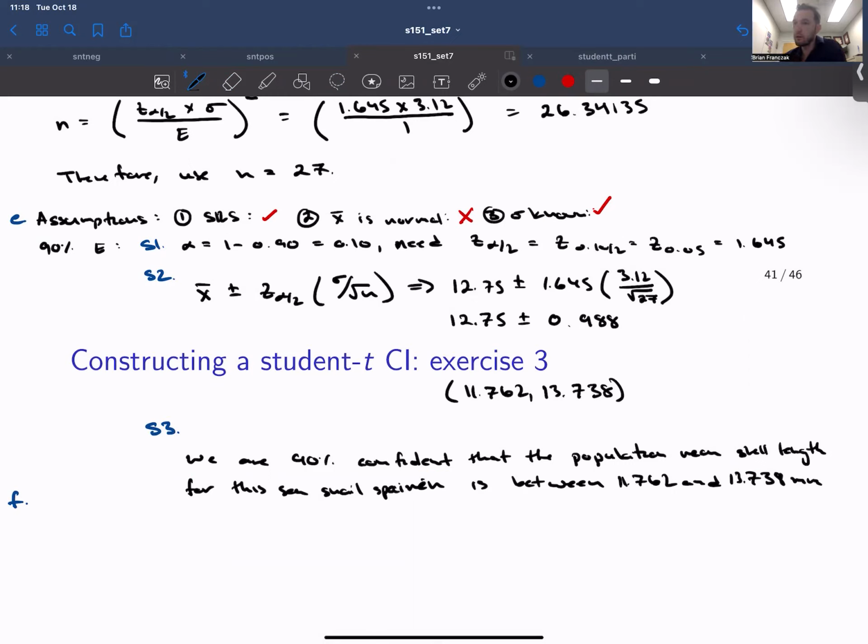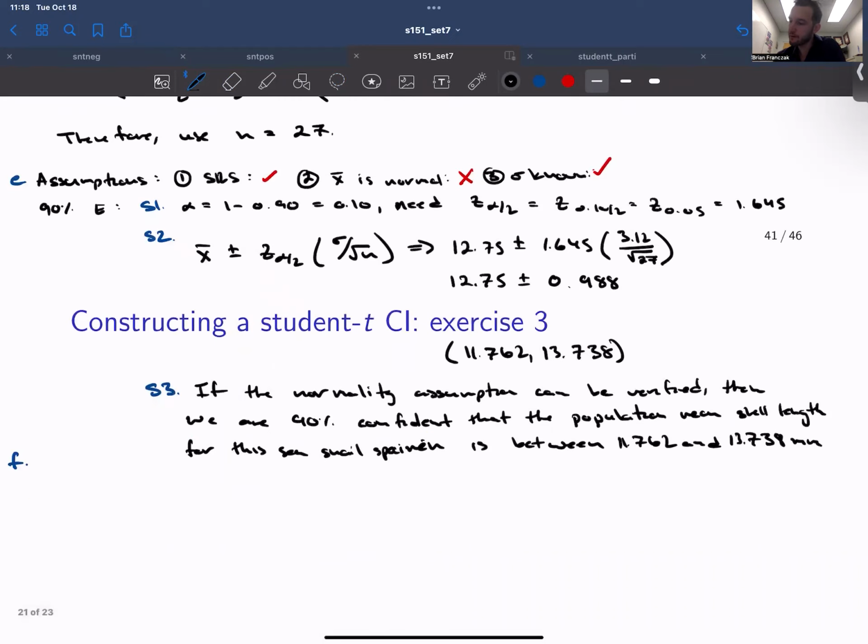So when we write our conclusion, there has to be a caveat. So what we have to say is, if the normality assumption can be verified, then we are 90% confident. So our conclusion has to change to account for the fact that we don't know if we can assume that X bar is normal, right?